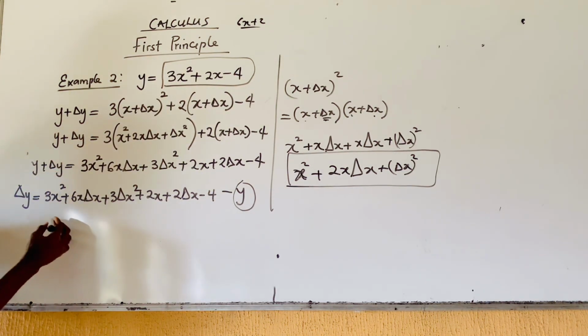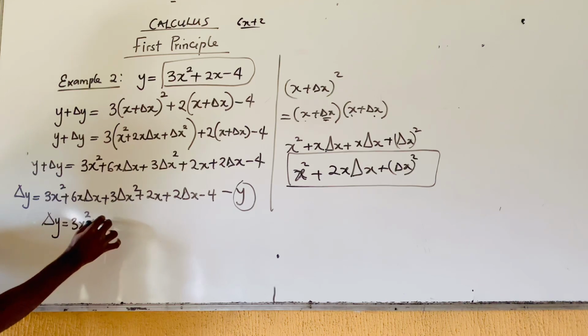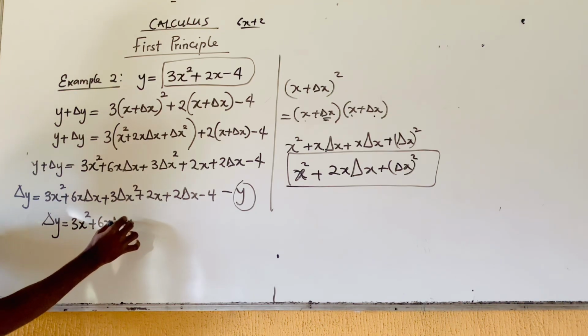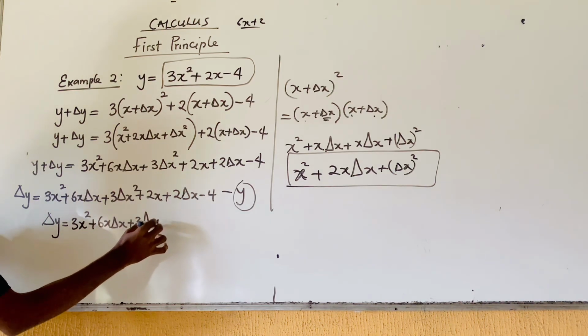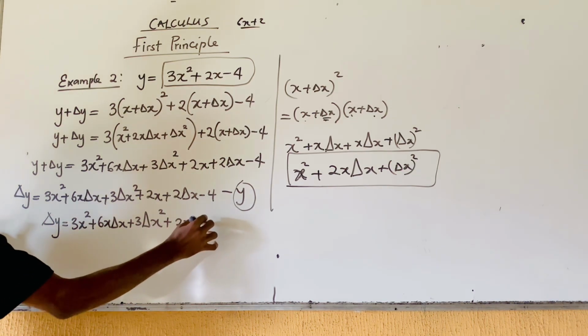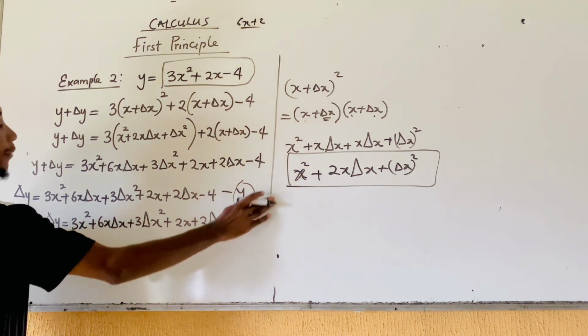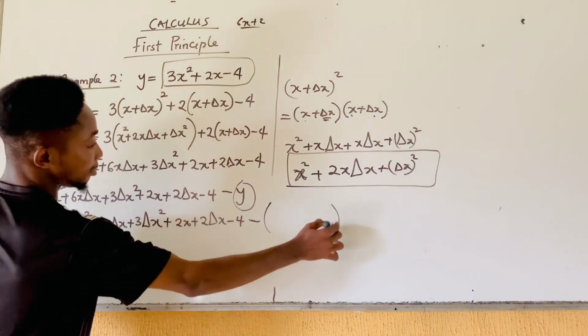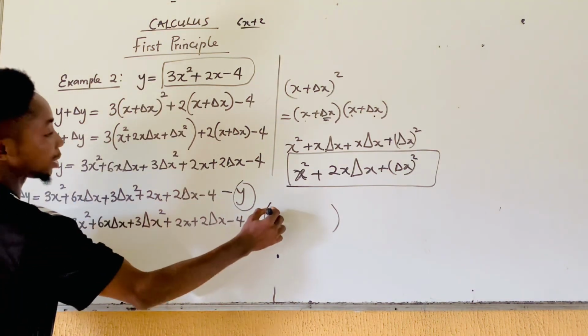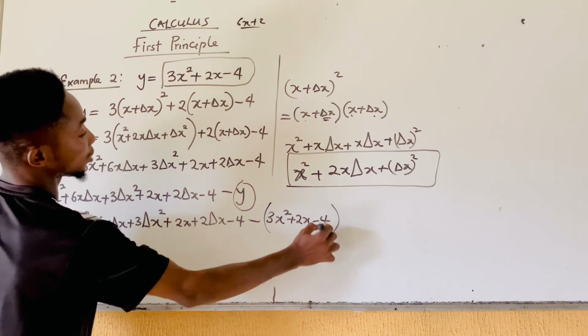So this becomes change in y equal 3x squared plus 6x change in x plus 3 change in x all squared plus 2x plus 2 change in x minus 4, minus the value of y. Remember I said you should put them in what? In brackets. And that's what? 3x squared plus 2x minus 4.